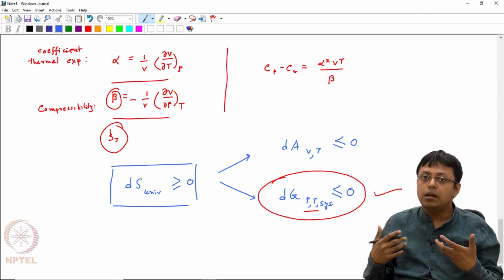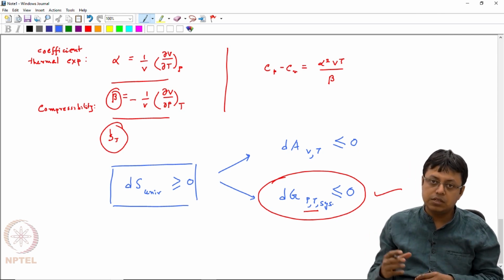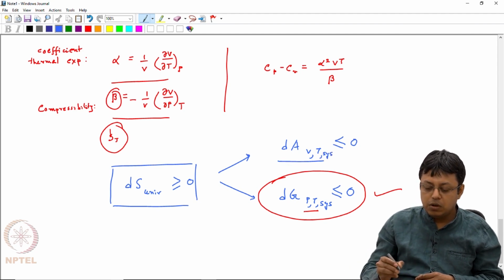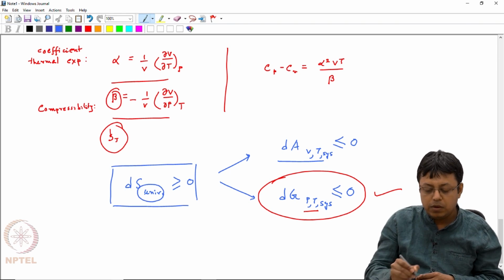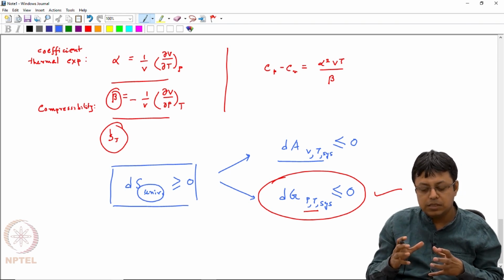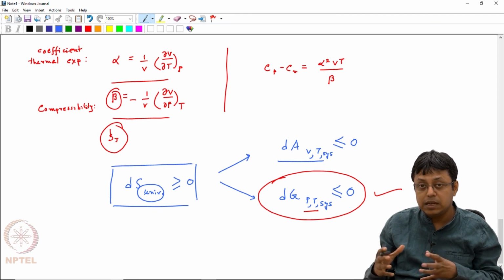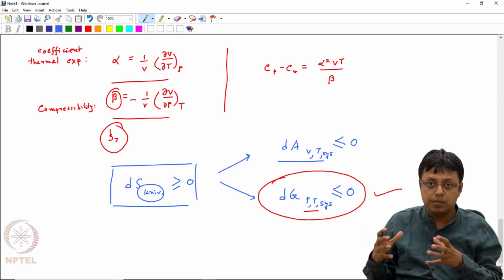If the change happens at constant volume and temperature, then the Helmholtz free energy is the right thing to look at. So from a quantity which is the entropy change, but which has to be applied to the universe, you cannot talk about only the change in entropy of the system or of the surroundings.